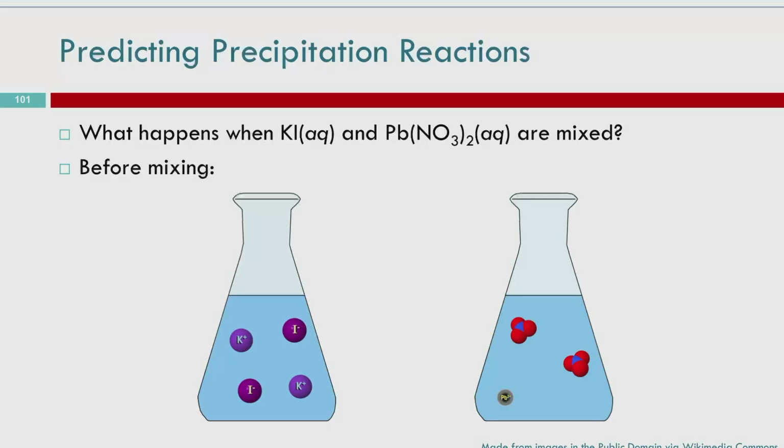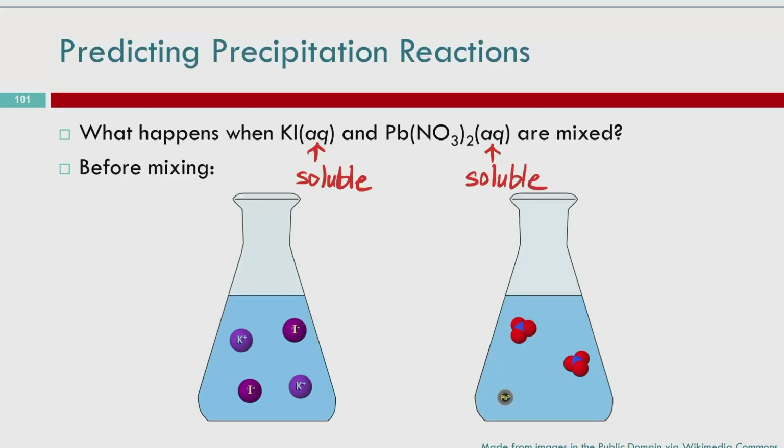What sort of things do we have here in the flasks? What are we showing? Solutions. We've got solutions already of these. The aq after them lets us know that they are soluble. So that little aq means that these are soluble.